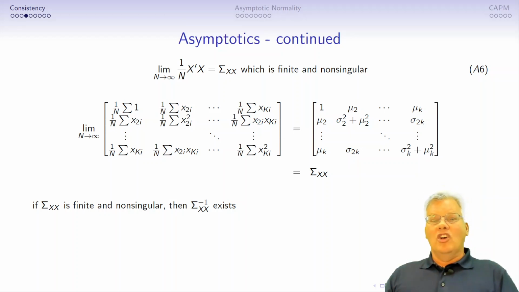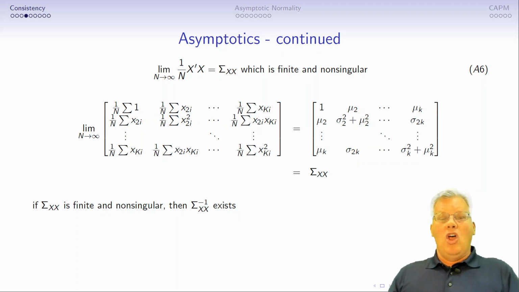Down the diagonal, 1 over n times the sum of x2i squared converges to the variance plus the mean squared. And the relatively easy way to show this is to think about the definition of a variance, right?